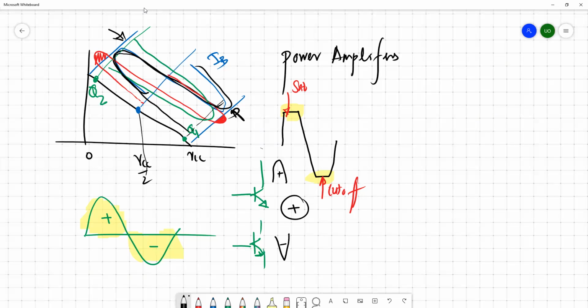So the next video will cover the AC equivalent circuit of the transistor, because we know from the beginning that these transistors act as amplifiers in most cases. This amplification is for the external time-varying signal.